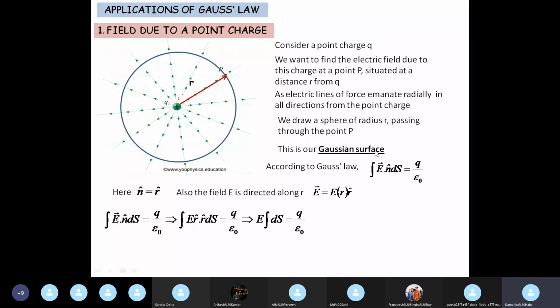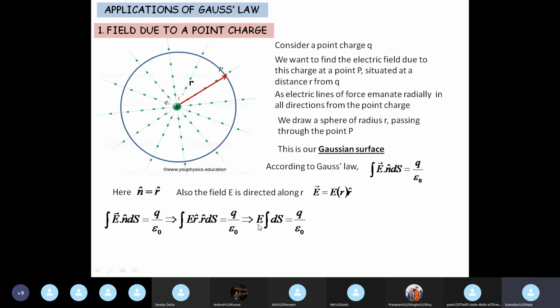So now in this equation, integration E dot n cap ds equal to q by epsilon naught, we write vector E as E r cap and n cap ds as r cap ds. So r cap dot r cap is 1, r cap is a unit vector. So the dot product of two same unit vectors is 1. So that is equal to q by epsilon naught.